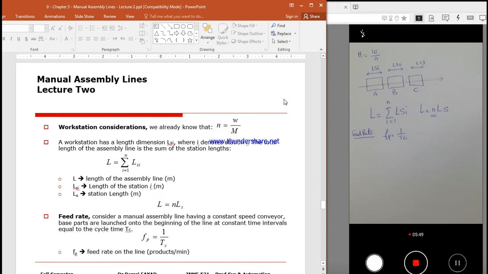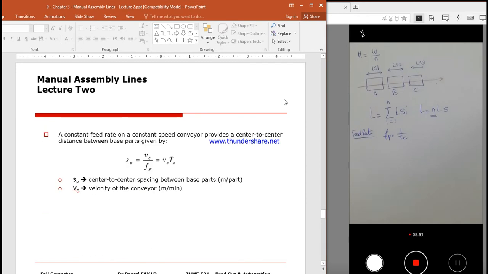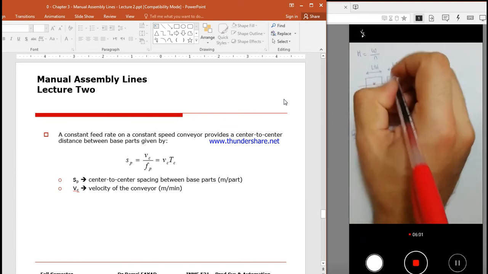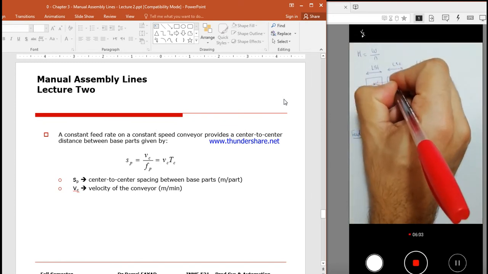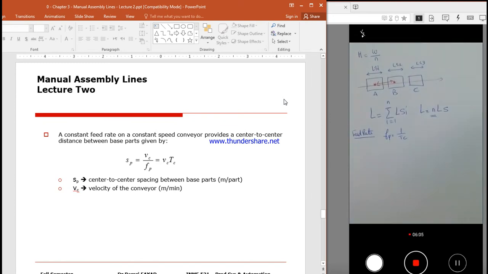A constant feed rate on a constant speed conveyor provides a center to center distance between parts. Again, what does that mean? If we have parts in this drawing, this is the distance between one and another, the placement of the parts on the system, and it's definitely related to the feed rate and to TC.